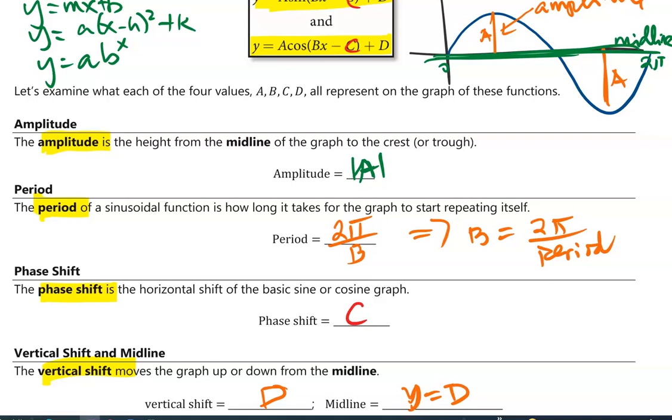Okay, so please make sure to remember all this: the amplitude, the period, the phase shift, and the vertical shift. Those are the A, B, C, and D.